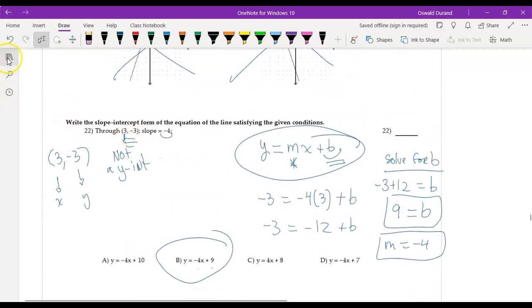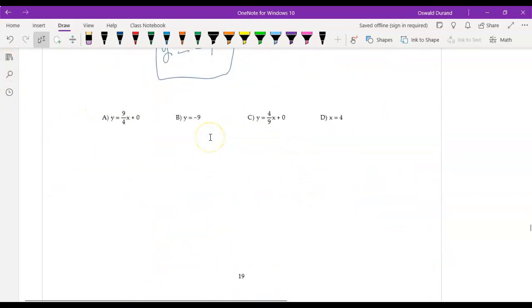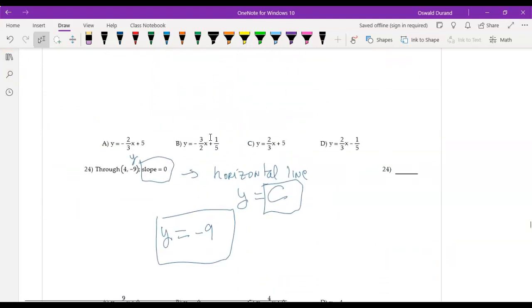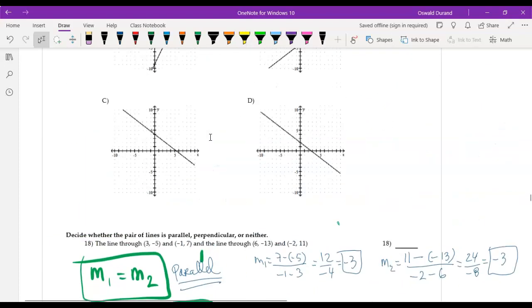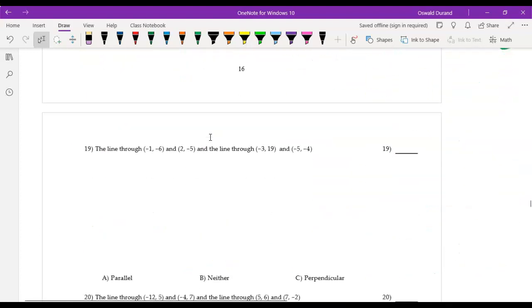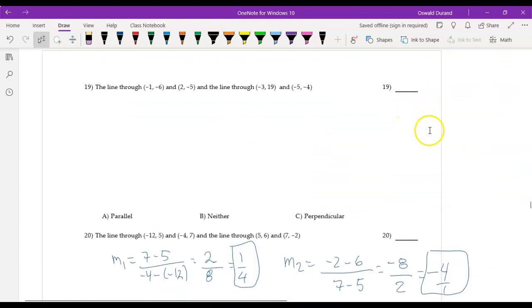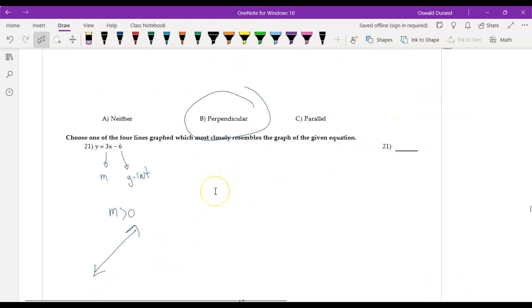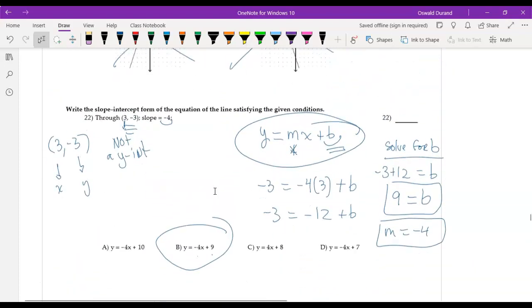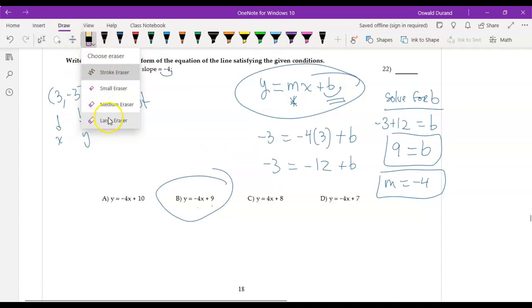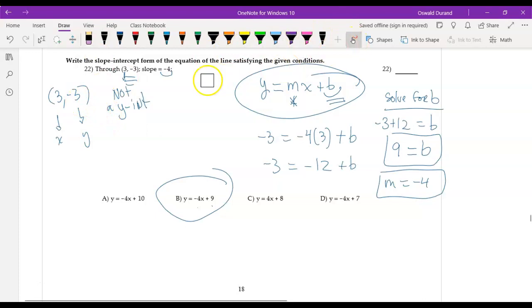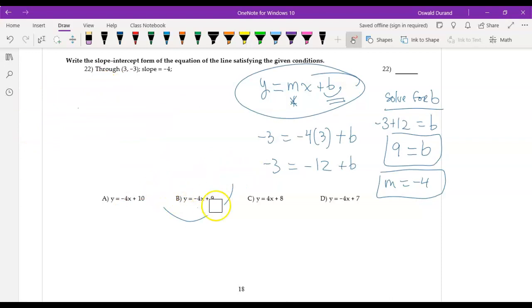So let me try to make up one equation. I want to do a problem that is similar to this, but let me just make up some stuff here. Okay, so it's a problem that you're going to see.